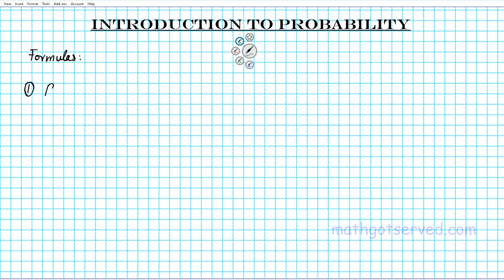The probability of a single event is expressed as P of event, which is simply the number of desired outcomes divided by the number of possible outcomes.